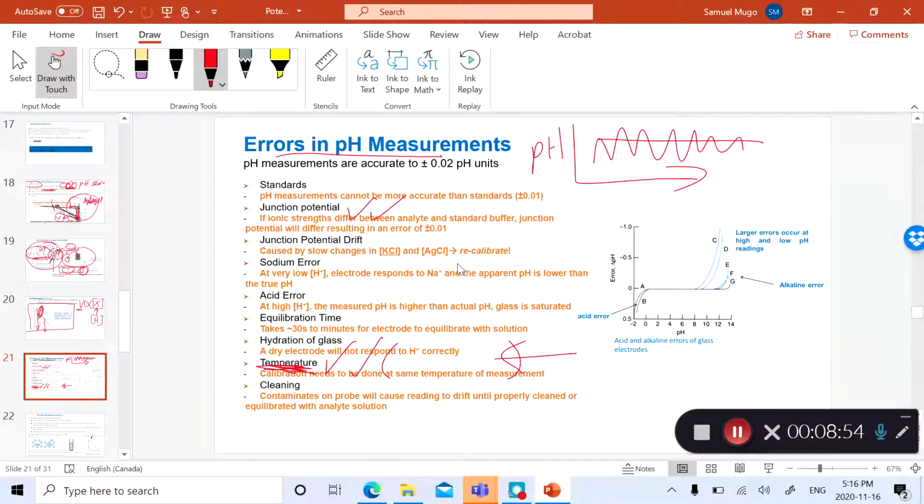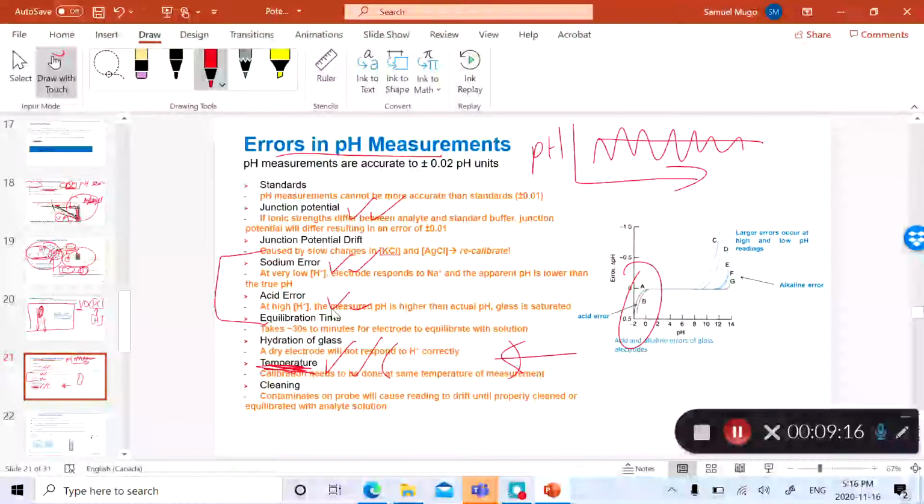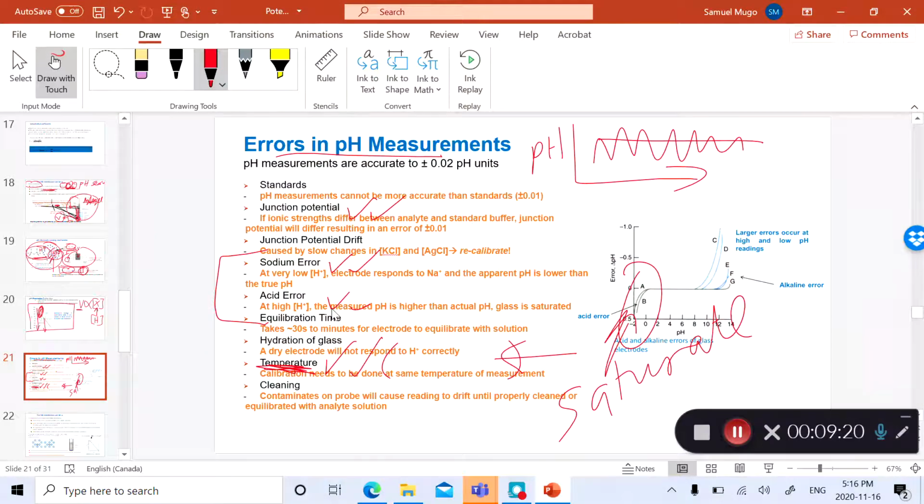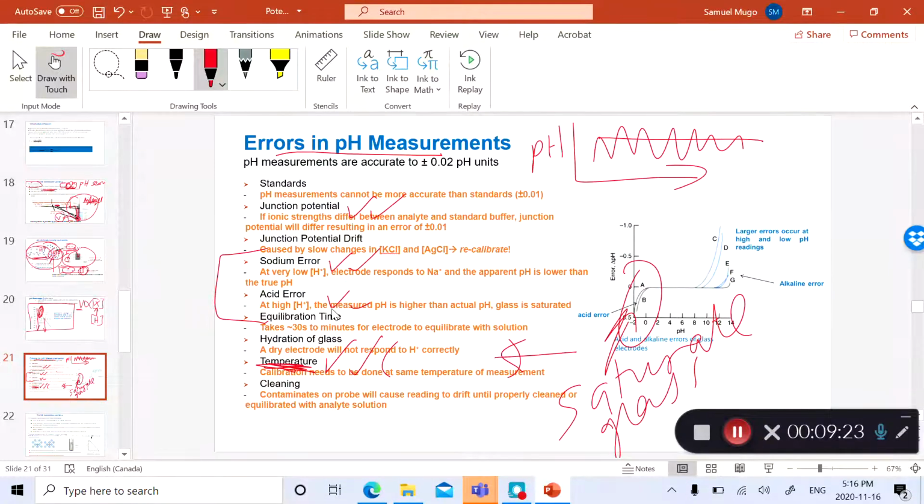Another very common error is the sodium error and the acid error. Remember, if you're trying to analyze a very acidic solution, you wouldn't be able to get the voltage linearly proportional to the pH, because you tend to saturate the glass membrane. At very, very low pH, meaning very high concentration of the hydronium ion, you saturate the glass membrane, and as such the response is not linear.